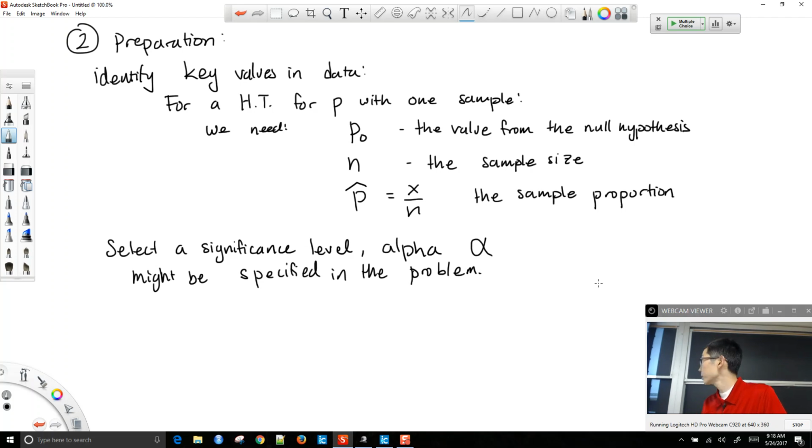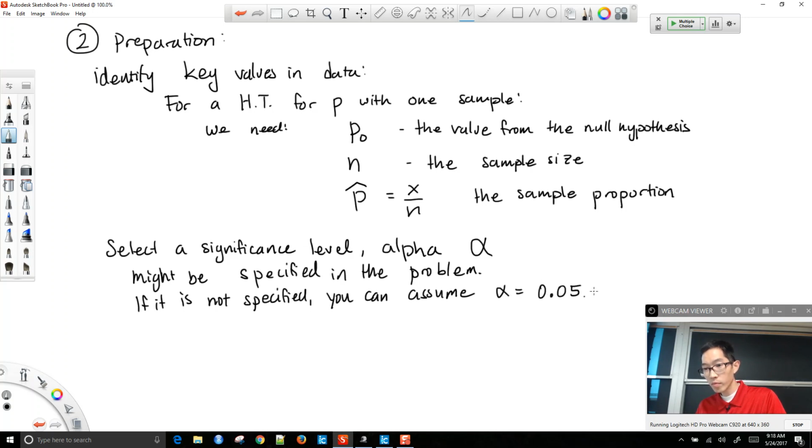But sometimes it is not, and if it is not specified, then you can assume that alpha is 5%.